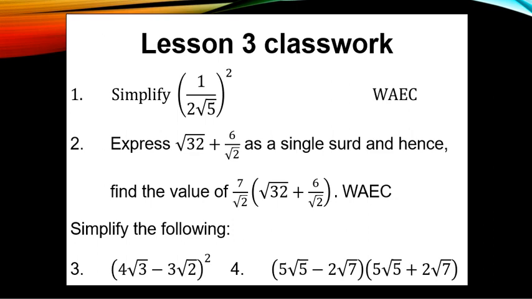The meaning is that once you express this as a single surd, you put your answer in this place and use this to multiply it. That is all. Simplify the following.